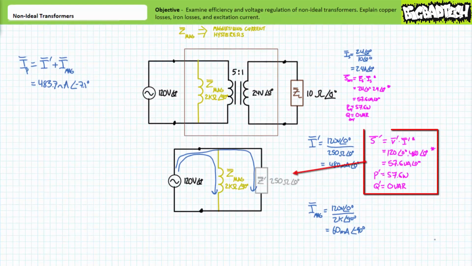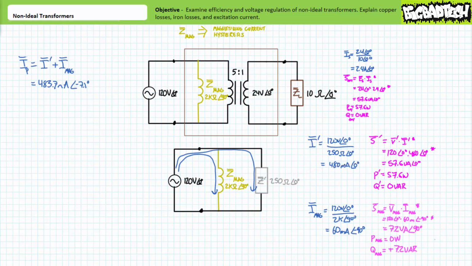Let's now examine power. The power equation demonstrates the reflected impedance will still consume 57.6 volt amperes of apparent power, all of which is being directed towards 57.6 watts of real power, and none of it towards a reactive interchange. The power equation additionally demonstrates the inductor accounting for both magnetizing current and hysteresis will consume 7.2 volt amperes of apparent power, none of which is being directed towards real power, and all positive 7.2 VARs is being directed towards a reactive interchange.